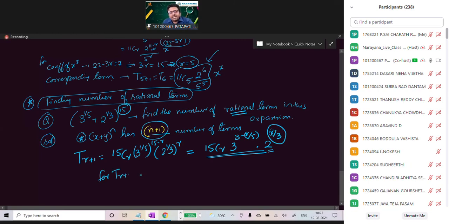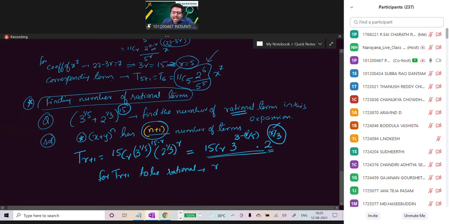So for T(r+1) to be rational, what should be the case? r should be a multiple of 3, and r should also be a multiple of 5. I'll write r by 3 and r by 5, both of them have to belong to integers.